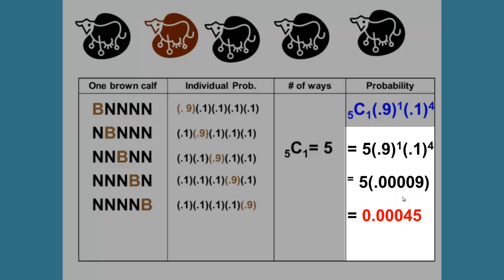And working backwards here, that's 5 times, how many 0.9s did we have? Well, in each problem we have one 0.9 and four 0.1s, and the 5 comes from 5C1 times 0.9 to the first power times 0.1 to the fourth power.